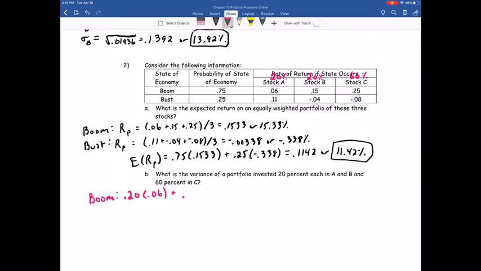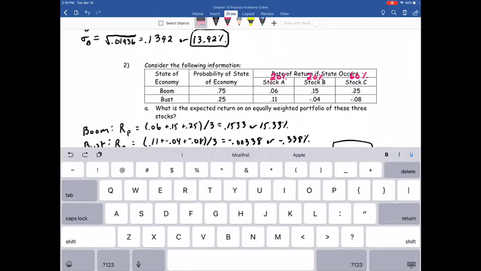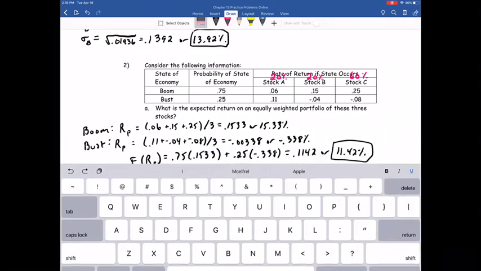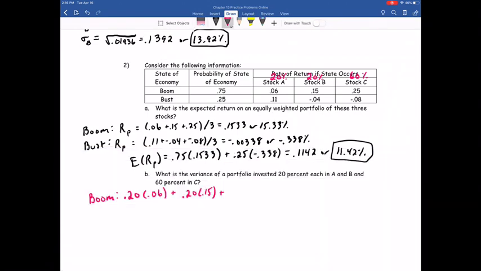We add to that the 20% portfolio weight of stock B and its return in this boom economy, and then the 60% portfolio weight of stock C and its 25% return in a boom economy, and we end up getting a return of the portfolio in this boom situation of 0.1920, or 19.20%.